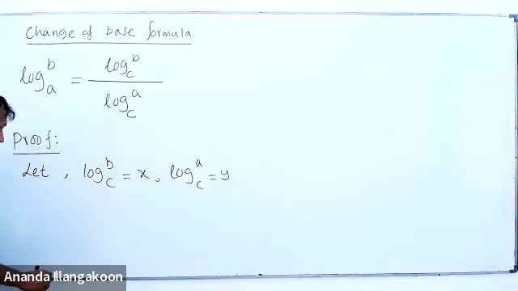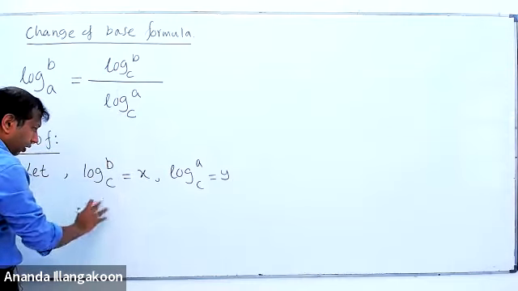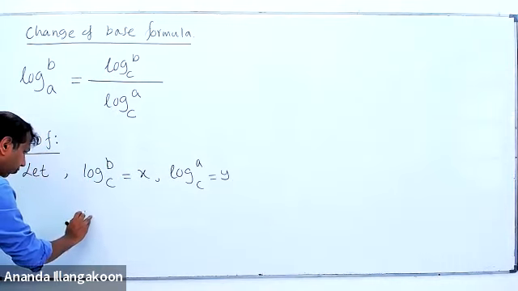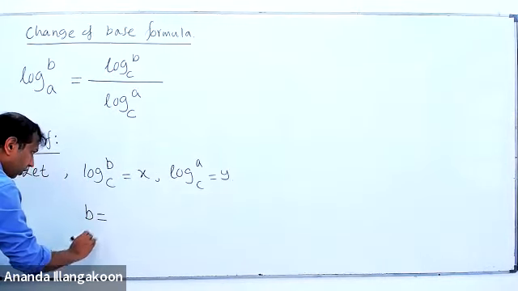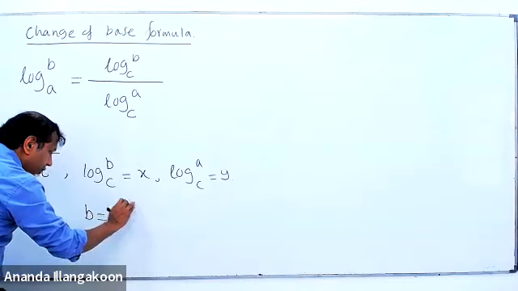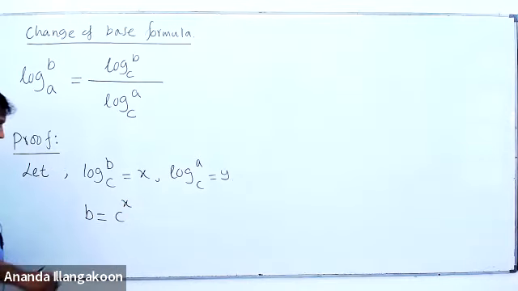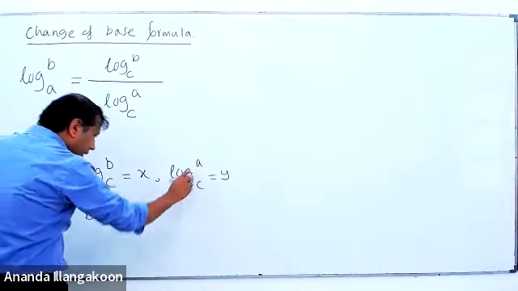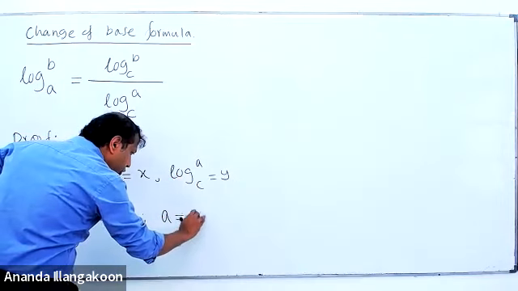Now I can convert this to index form. b equals c to the power x. Correct? Here, a equals c to the power y.